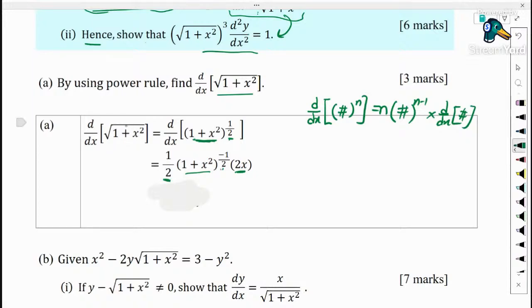The power of negative 1 over 2 will turn out to become (1 plus x squared) to the power 1 over 2 at the bottom. 2x multiplied by 1 over 2, I will be left with x on top. And this is actually equivalent to x over the square root of 1 plus x squared. So there goes your answer by power rules.